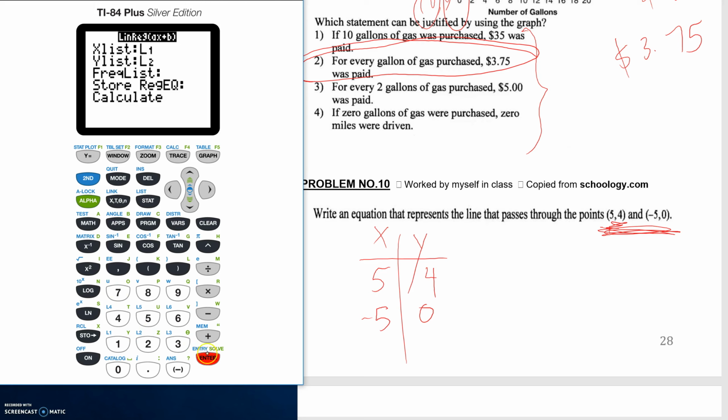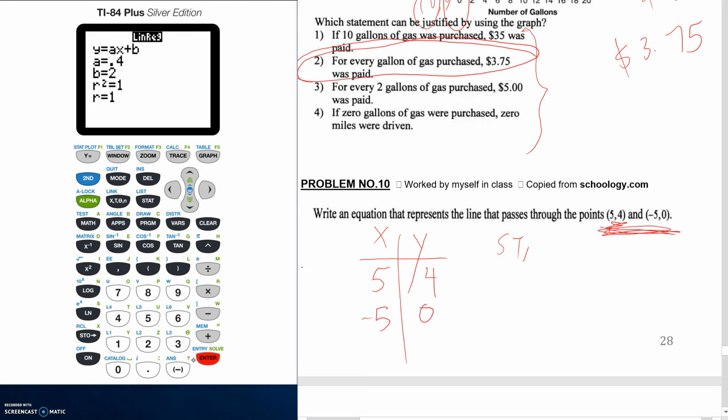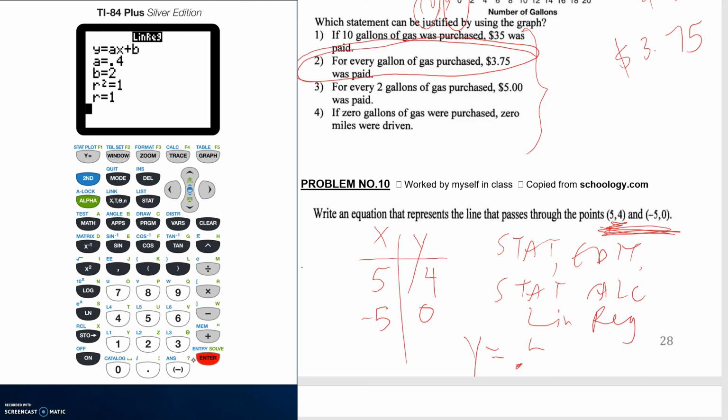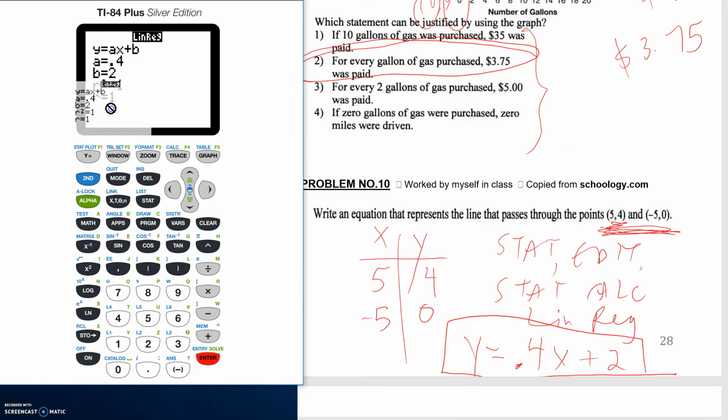And it gives us the linear equation. So again, stat edit, stat calc, lin reg whenever you need a linear equation. And our equation is y equals 0.4, that's what a is, times x. a is what's attached to x, plus 2. We know it's a perfect linear equation again because r, the correlation coefficient, is 1.